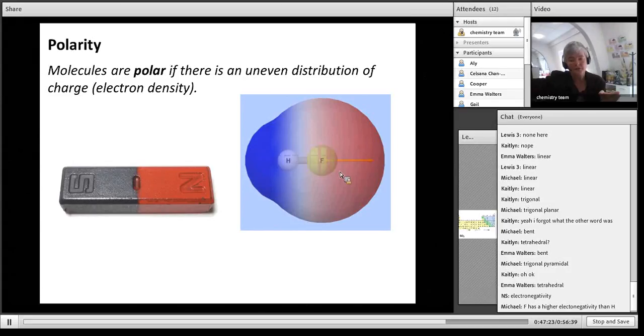Here at level 2, basically you have to know that each element has a different electronegativity to another one.